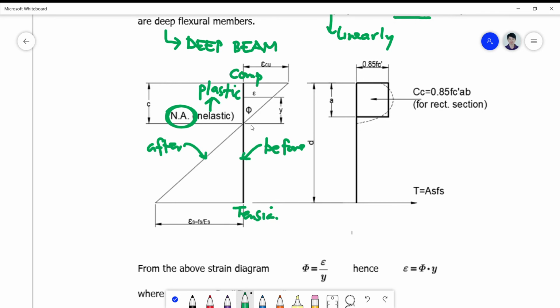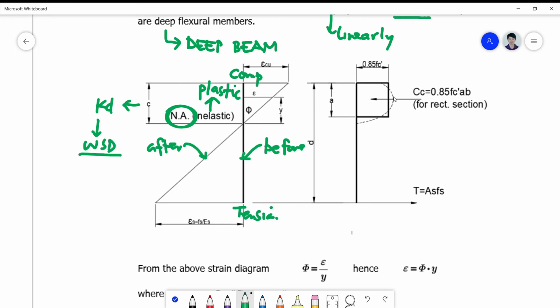And this location is defined by the value of C from the compression fiber. Okay, C is sometimes also known as KD in your WSD. Okay, so this is the WSD language. Okay. Okay, so still remember that the KD, it's actually a percentage of the total depth, effective depth of your beam.